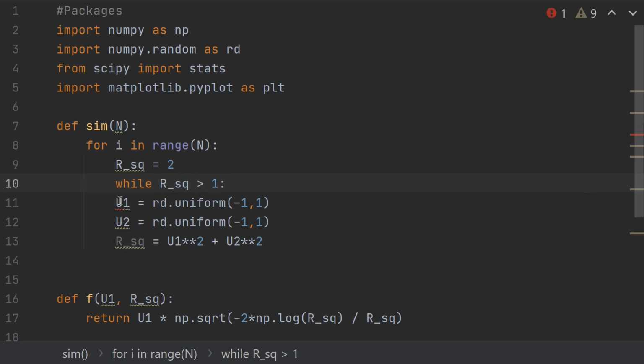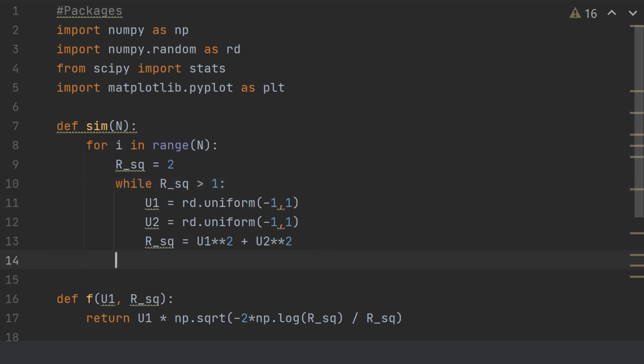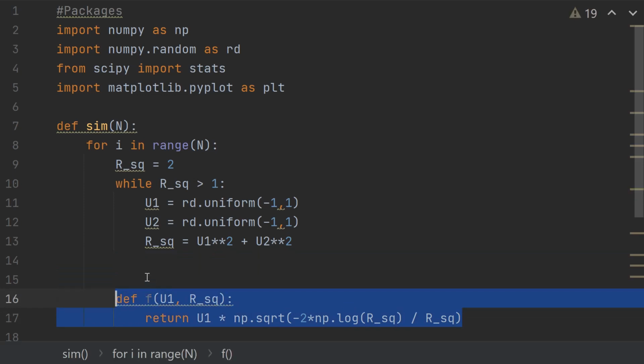I then simulate u1, I simulate u2, and I define r squared. This will keep happening until r squared is less than 1, then it stops, and then I define this function.